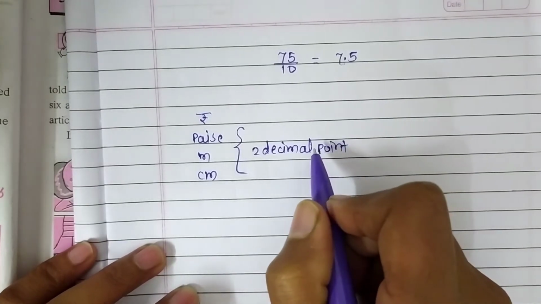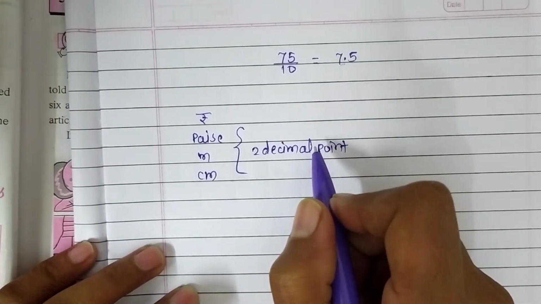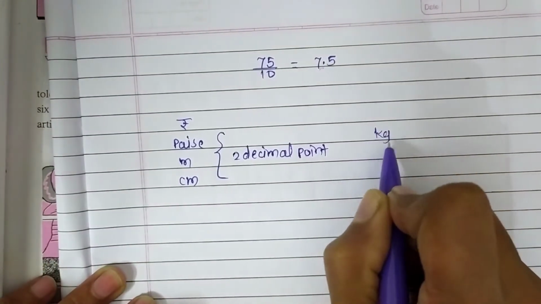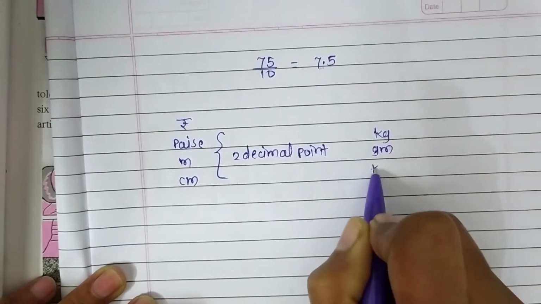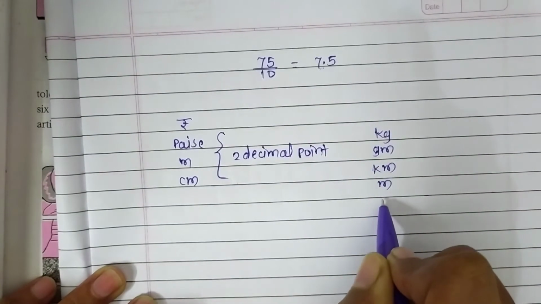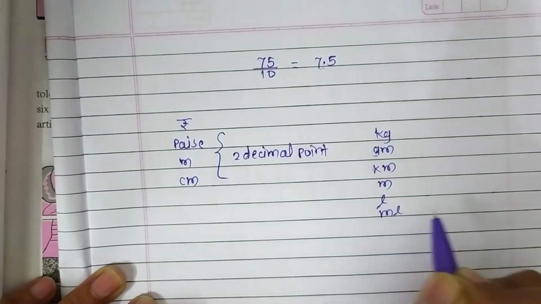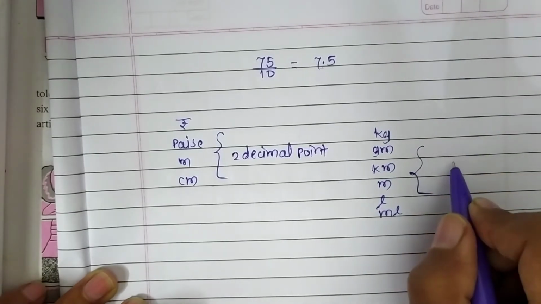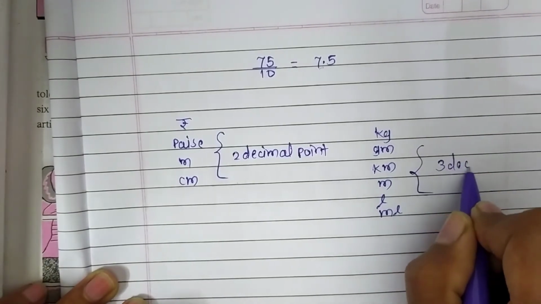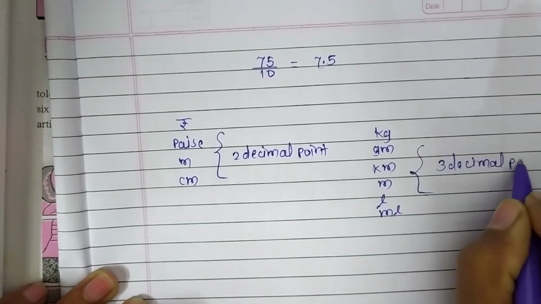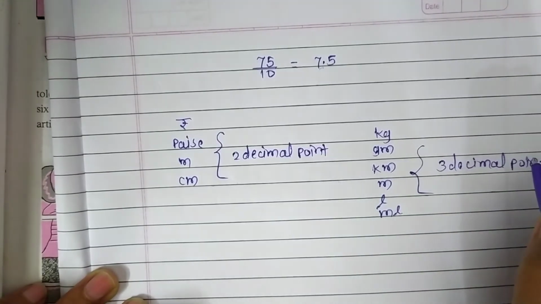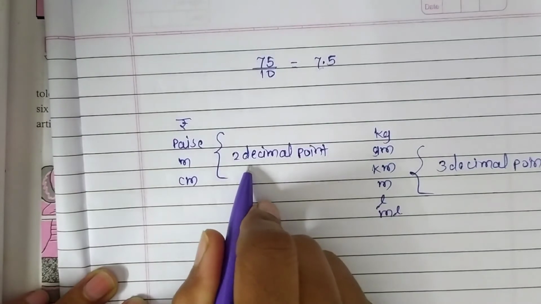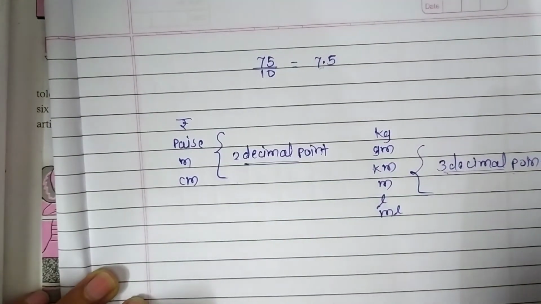And when we are going to solve problems with units like kilogram, gram, kilometer, meter, liter, milliliter, we are going to use fractions up to 3 decimal points. When we actually solve the problems, you will know very well how 2 decimal points and 3 decimal points are used.